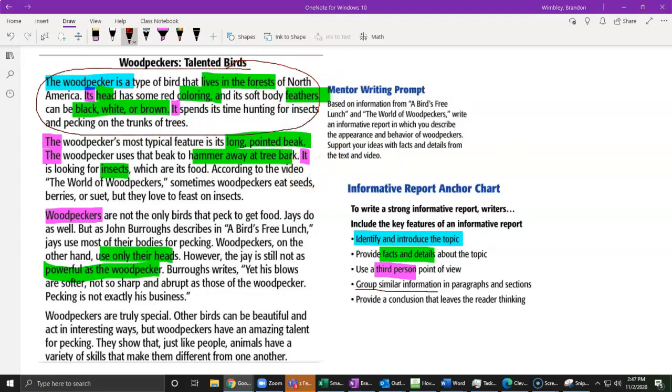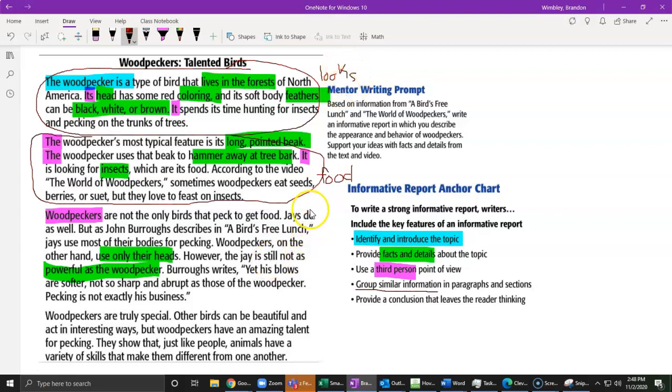Because if you remember, at the very beginning we say we want to talk about what it looks like and where it lives. This next paragraph, you'll notice, is talking about how it gets its food. So true, it does talk about what it looks like with the beak, but it's talking about that beak in relationship to how it gets food. So our information is still grouped together.